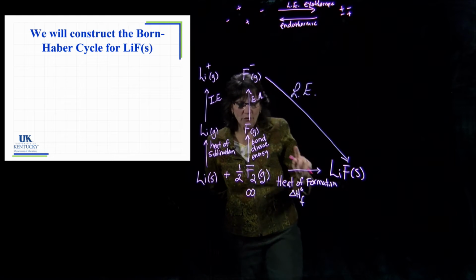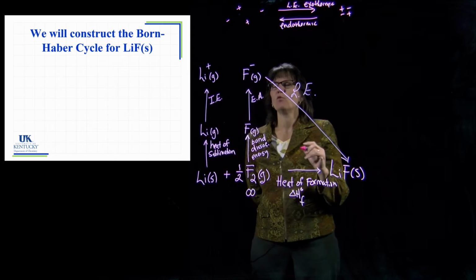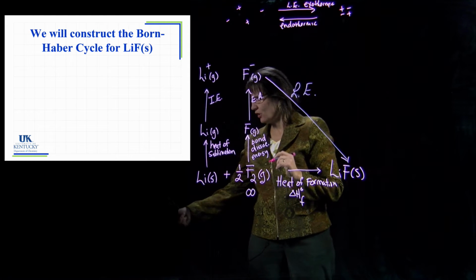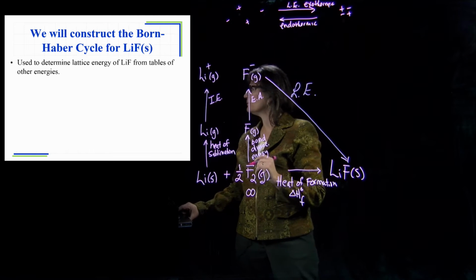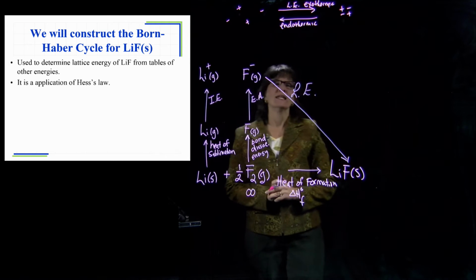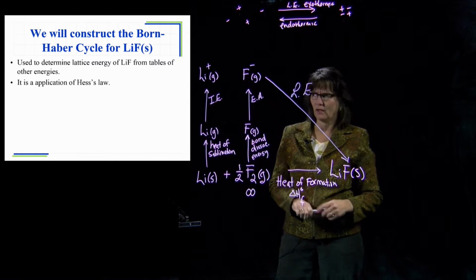Now, the Born-Haber cycle is an application of what we learned about in a previous chapter called Hess's law. Okay, this is an application of Hess's law. Let's review that in our mind. We got an awful lot of reviews with this one little thing.